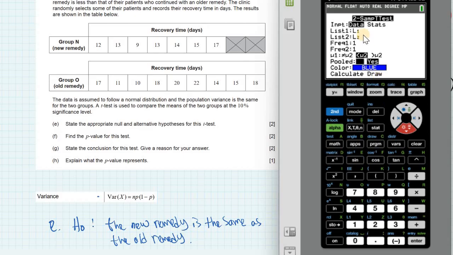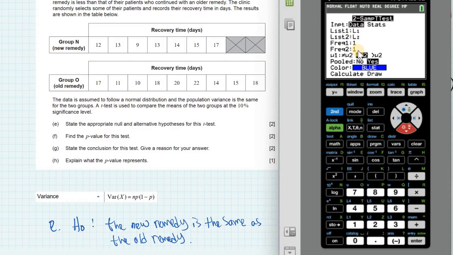Let me repeat. Your new remedy is L1 and your old remedy is L2. The null hypothesis is they are the same. But the alternate hypothesis is that the old remedy, L2, takes more days than the new remedy.